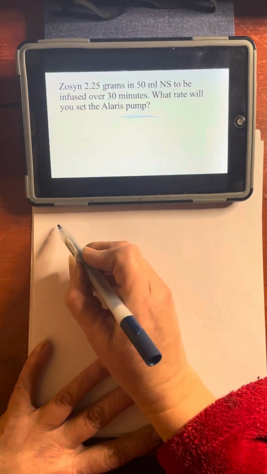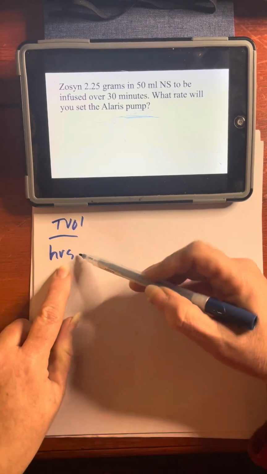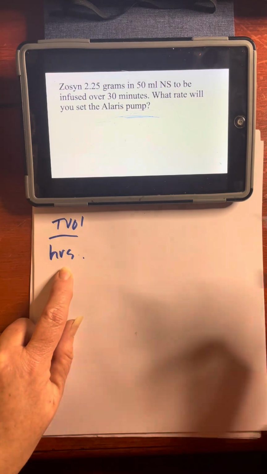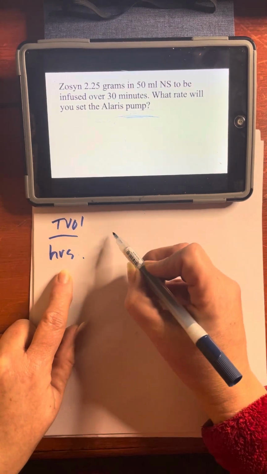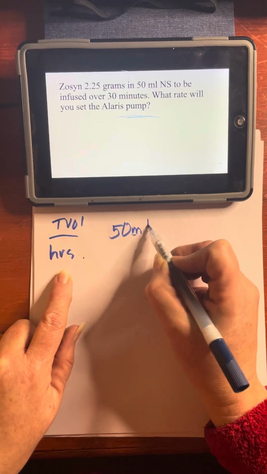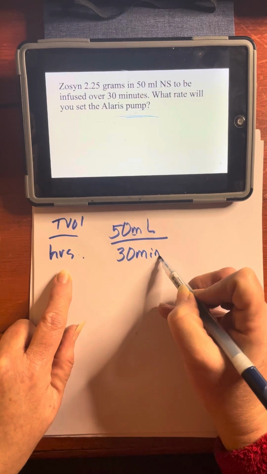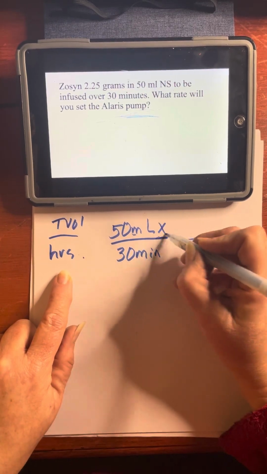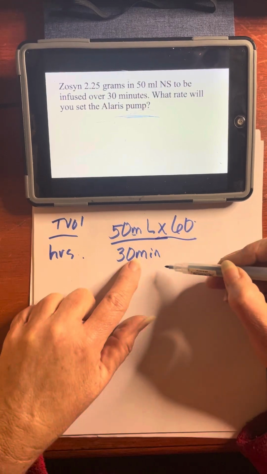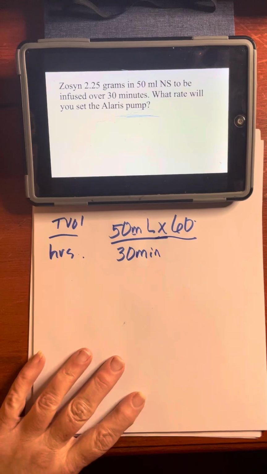So, you remember total volume divided by the time in hours. It has to be hours. You ain't got no other choice. And in previous videos, if you've watched them, you know that I'll do the total volume, 50 milliliters, and I'll put divided by 30 minutes, but I'm going to come up here and tell the problem that we're dealing with a 60-minute hour, or else they're going to think 30 minutes is a full hour.